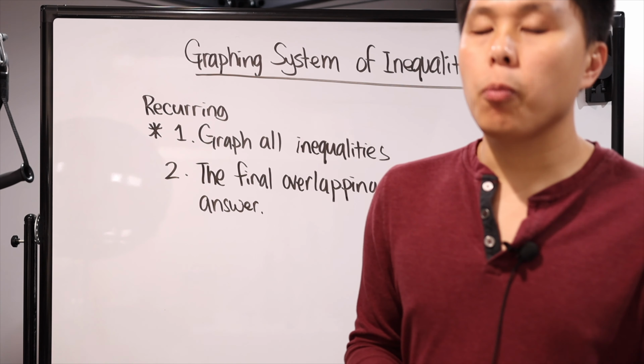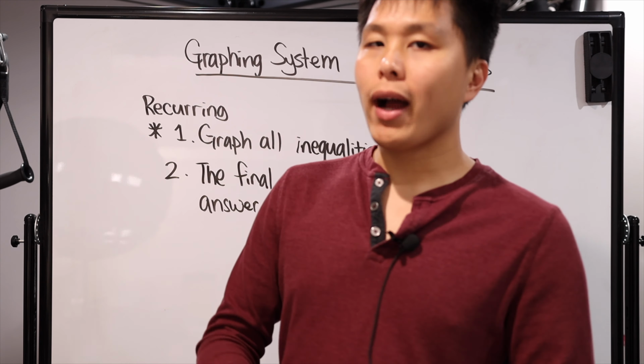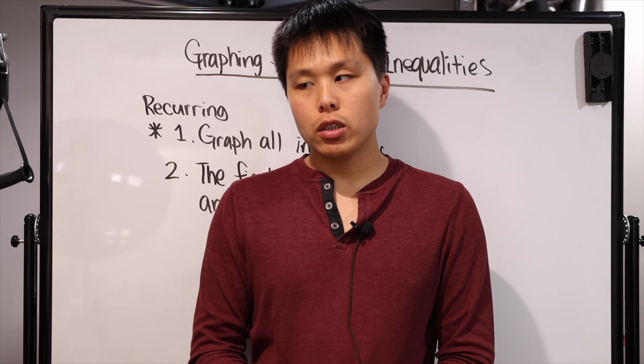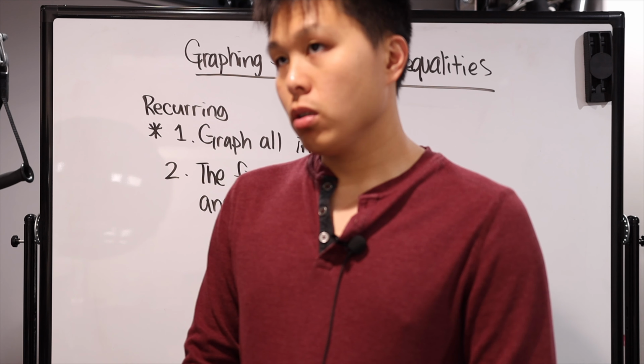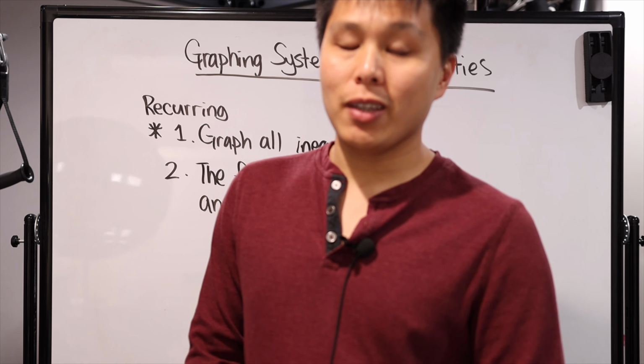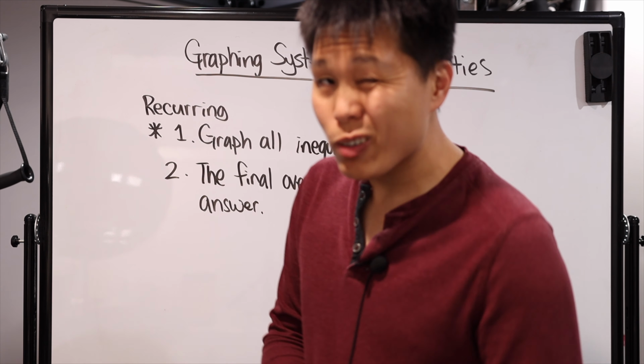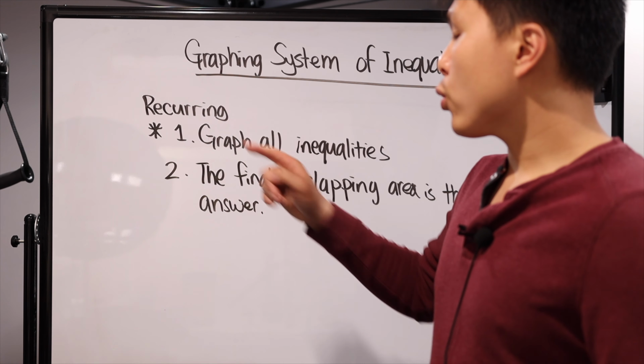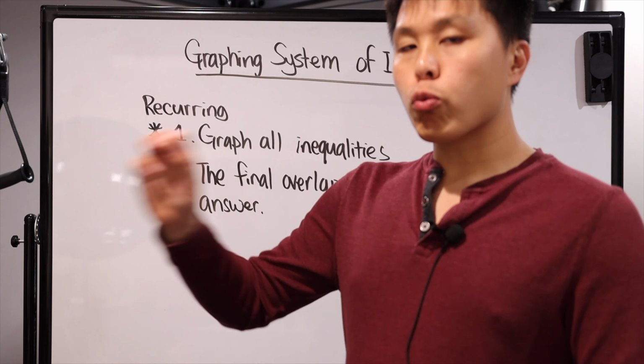Instead of there being only two inequalities because we're working with x and y, it could potentially be up to infinite, if the person designing the problem really wants to be spiteful. So our first step can always be recurring.